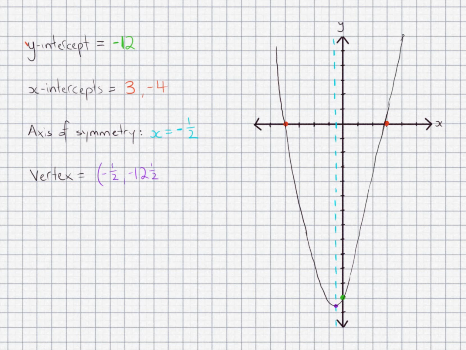Back up through the other x-intercept. And there is our parabola. Okay, just labeling the points to make it clear. It's always a good idea. And there we have it, how to graph parabolas when they're in the form y equals ax squared plus bx plus c. Until next time.